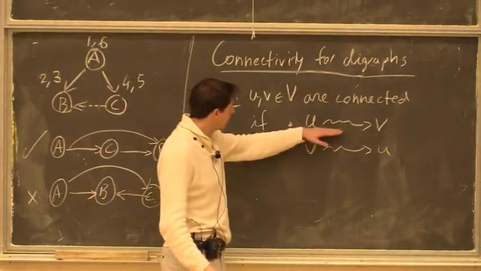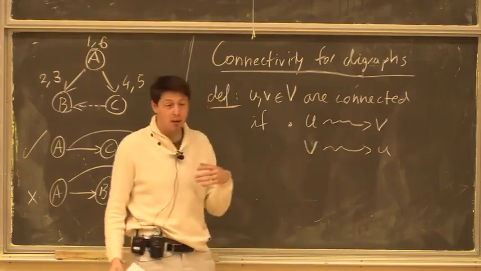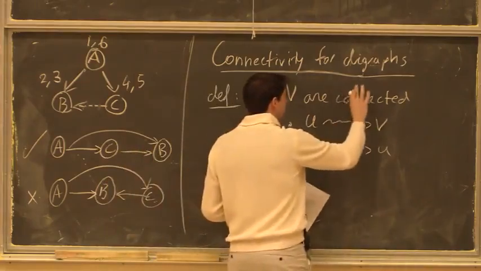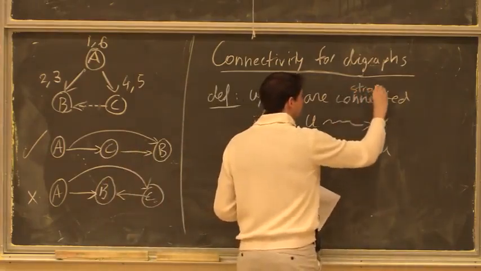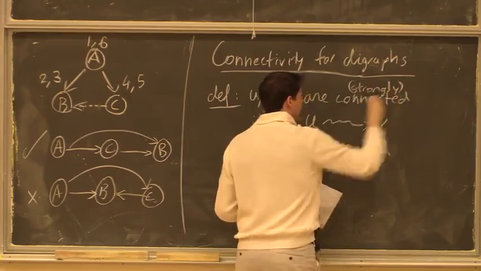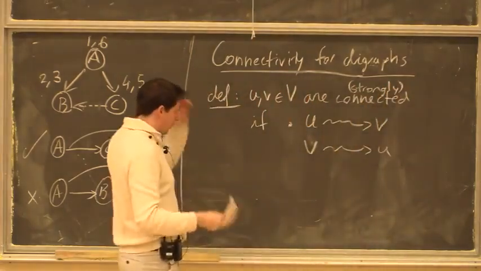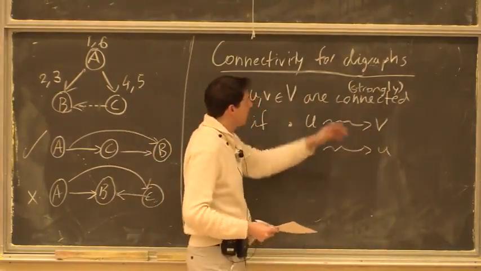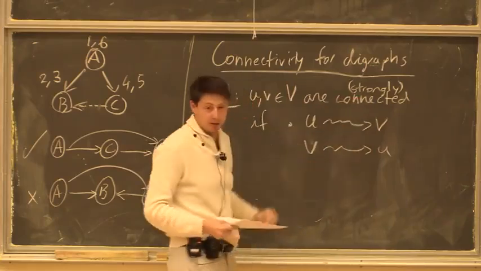Maybe there is only one from U to V or only from V to U, in which case we do not say that they are connected. Now, typically, to be precise, we really mean strongly connected, meaning that people will also say U and V are connected in this direction, but not the other direction. When we say strongly connected, we really mean both directions, okay?